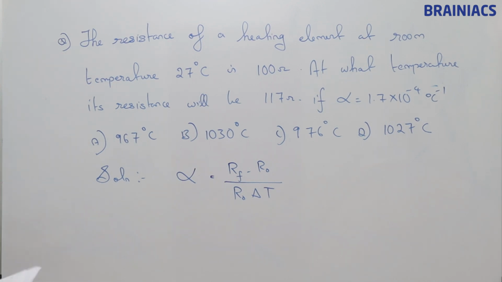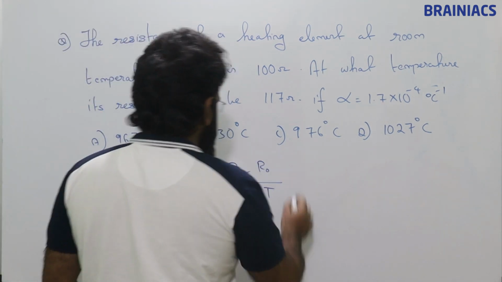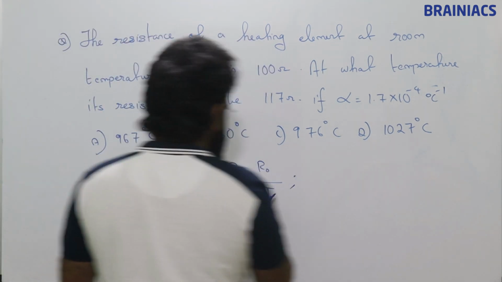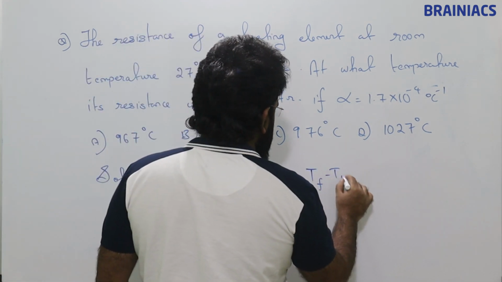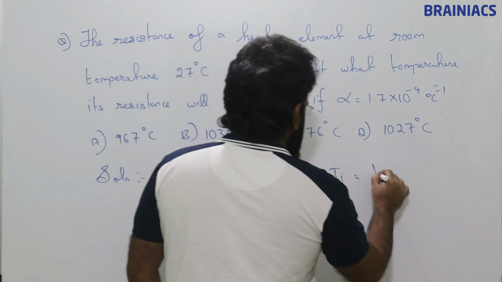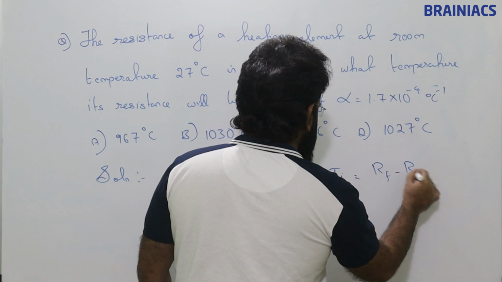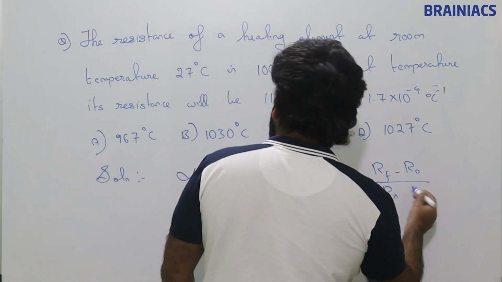From here it will be easier. So Tf minus Ti is equal to Rf minus R0 divided by R0 into alpha.